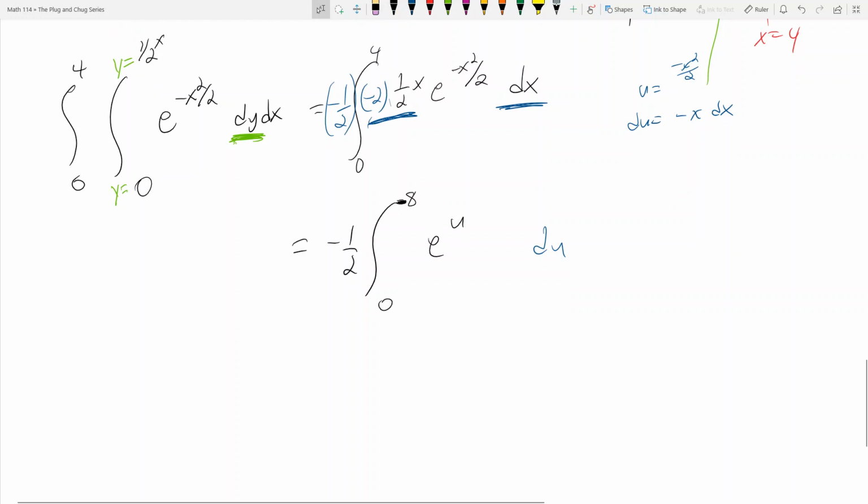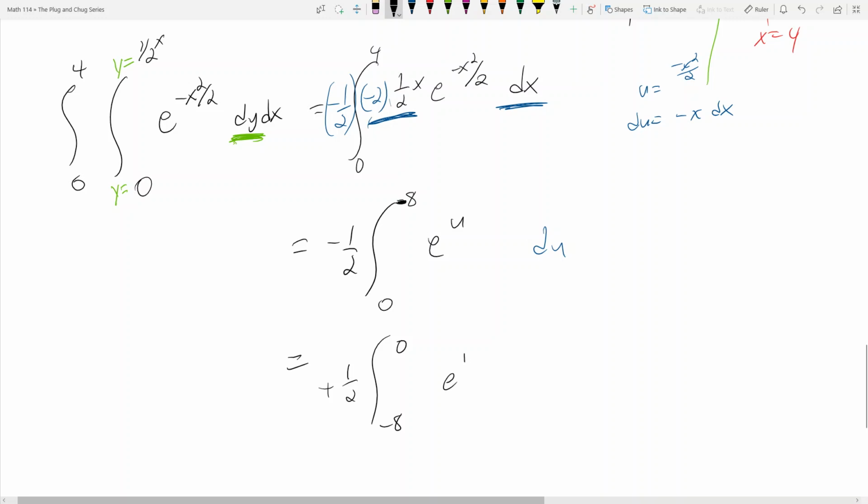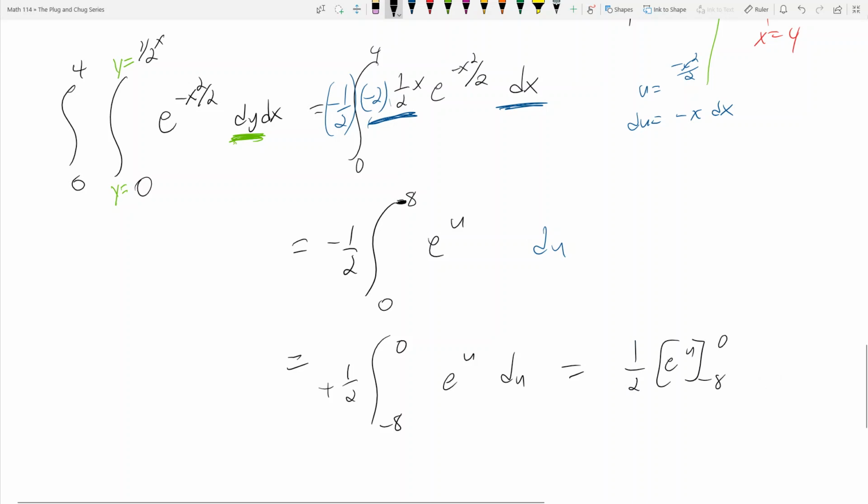What's wrong here is that the negative number, the smaller number, is on top, which means we flip the order of integration. So I get negative 8 on the bottom, 0 on top, and this negative 1/2 becomes a positive 1/2, because when you flip the top and the bottom, you need to multiply by negative 1, and this is still e to the u du. And this makes for a pretty easy integral now, because it's just e to the u evaluated from negative 8 to 0.